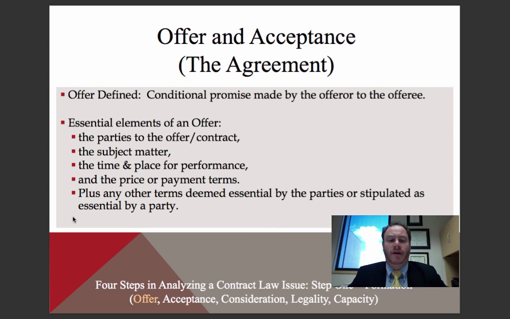So in order for an offer to validly exist under the law, there are elements of specificity that must occur. First, the offer must identify the parties who are going to be taking part in the contract. So it needs to identify Jeff and the university, or you folks and the university as customers.